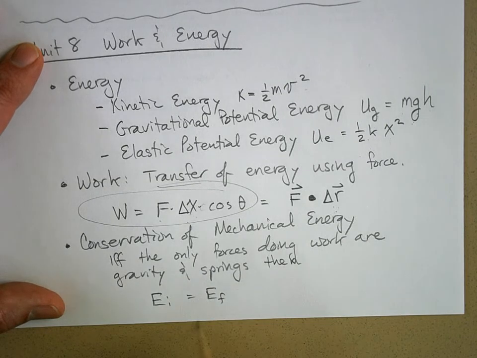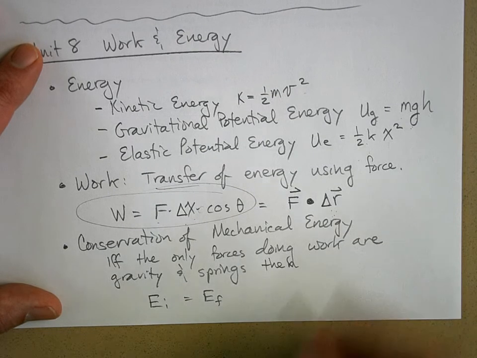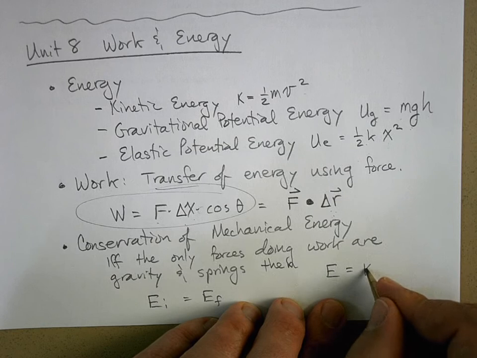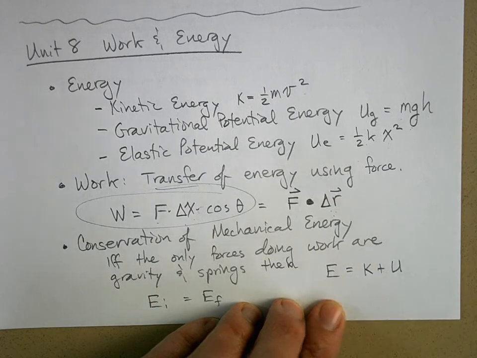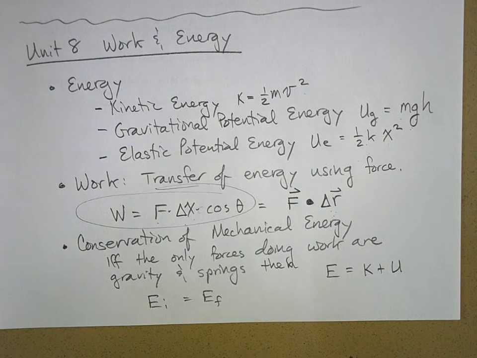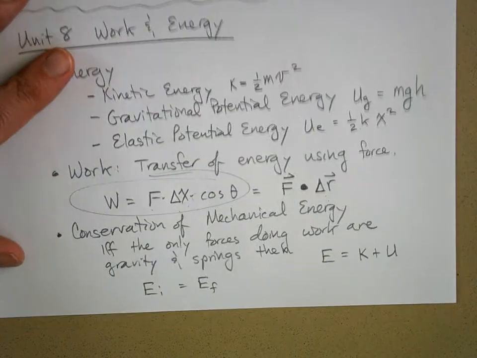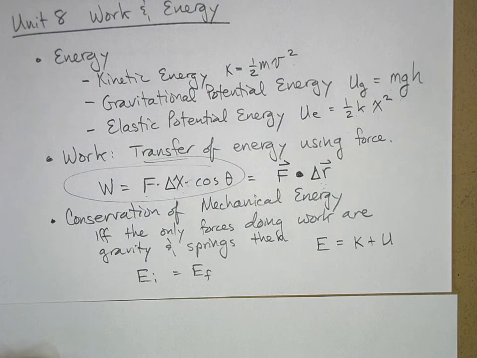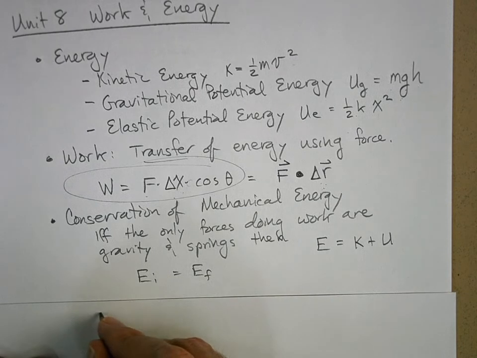Now, what does E stand for in this case? Mechanical energy. And E, mechanical energy, is defined to be the sum of kinetic energy plus potential energy. This could be gravitational or elastic. So, an example of that would be a roller coaster problem.